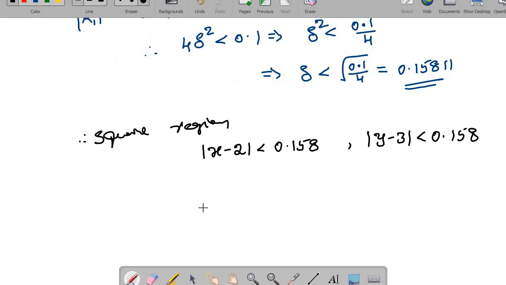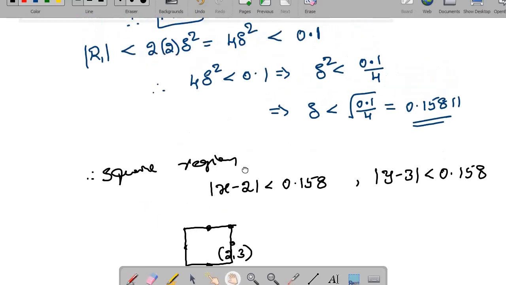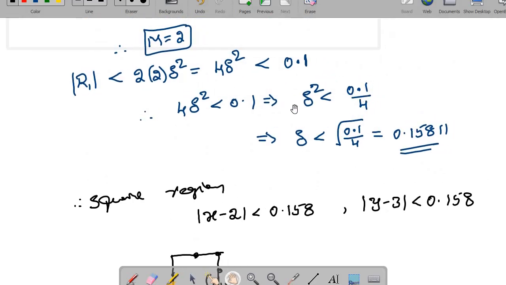If you have the point (2, 3), from it you move up 0.15 units, down 0.15, and similarly the same distance on each side, so that you get a square. In this region the error in the approximation is going to be less than 0.1. That's what it says. I hope you understand.